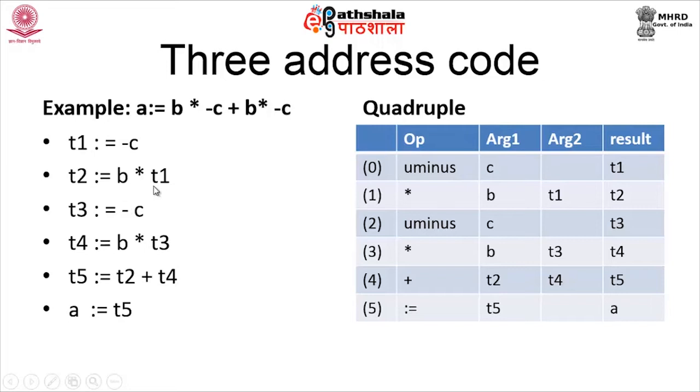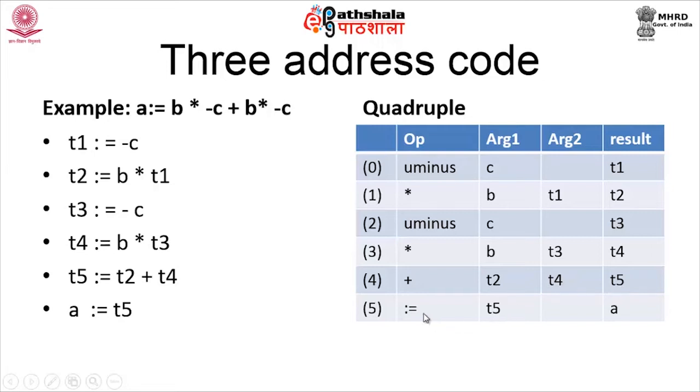The second one is B into T1, where B is an argument, T1 is one more argument, the operator is a star, and the result is stored in T2. The third and the fourth are exactly like the first and the second: unary minus C and T3, star, B, T3 and T4. And the last one is T5 is equal to T2 plus T4. So plus is the operator, T2 is argument 1, T4 is argument 2, and the result is put in T5.